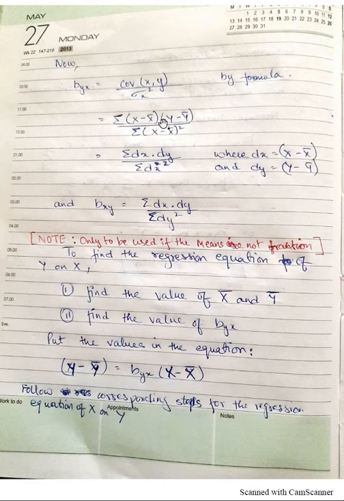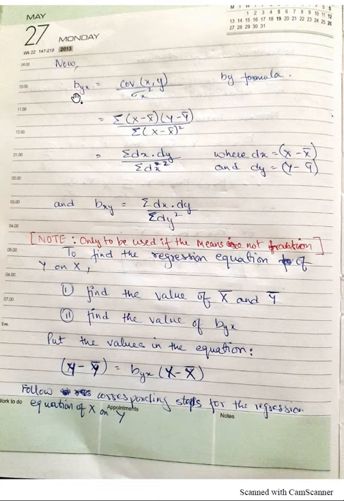Now let us write x minus x bar as dx and y minus y bar as dy. If we write it that way, then we can rewrite it as summation dx into dy divided by summation dx square.